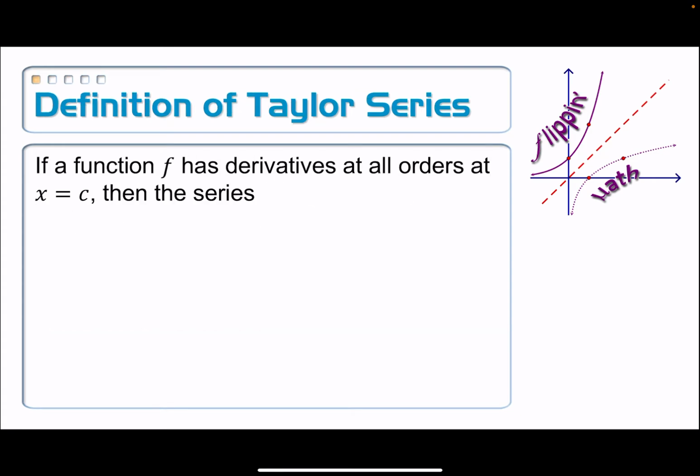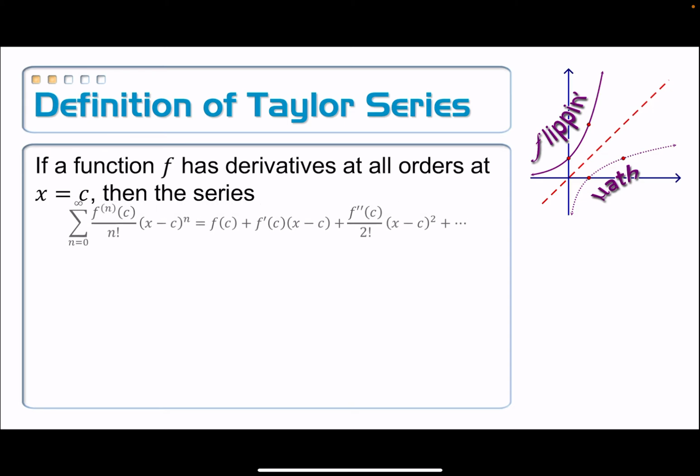So here is the definition of a Taylor series. If a function f has derivatives of all orders at x equals c, in other words, you have to be able to take derivatives forever. You can do that with exponential functions, sines and cosines, and so on.